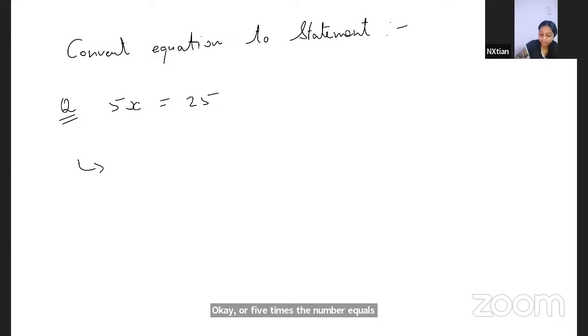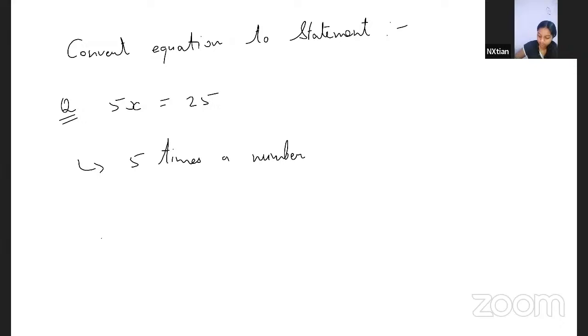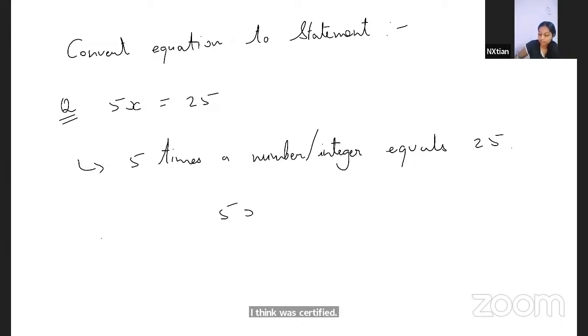5 times a number or integer equals 25. And if we solve this, 5x equals 25, x equals 25 by 5.